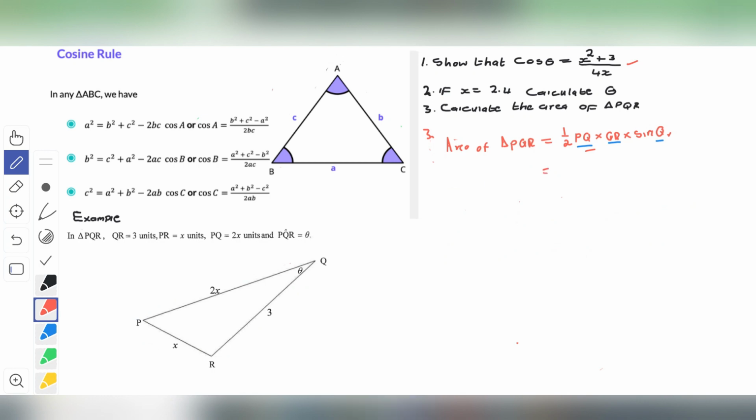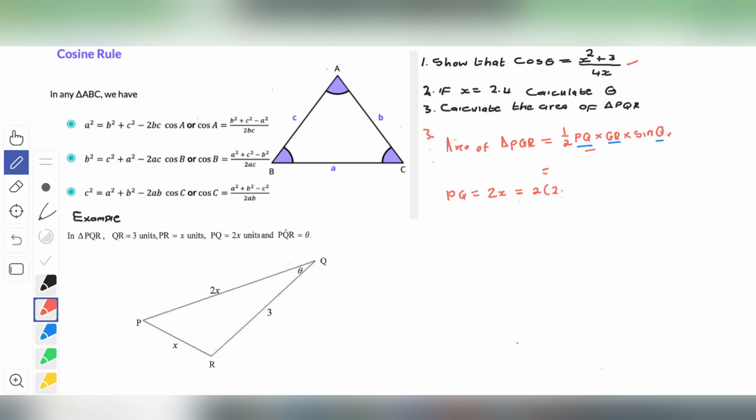Therefore, remember now, what is the value of PQ? Before we can continue, we can see that the value of PQ is 2x, right? And we were told that if x is equal to 2.4, calculate the area, so where we see x we can replace it with 2.4.